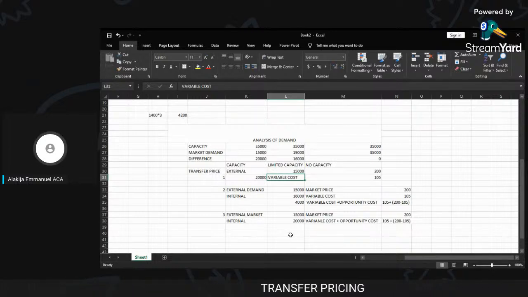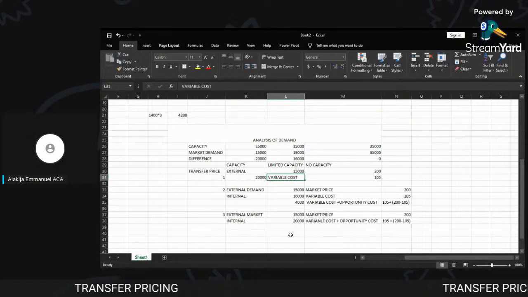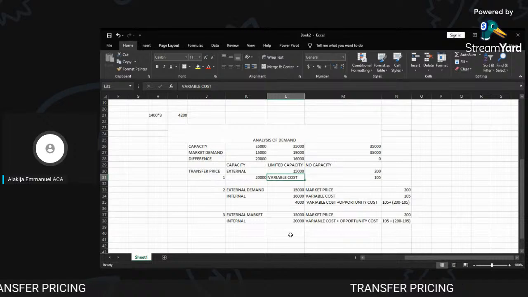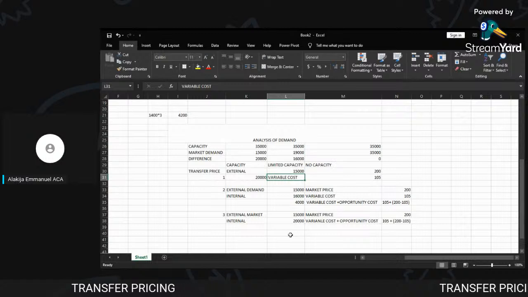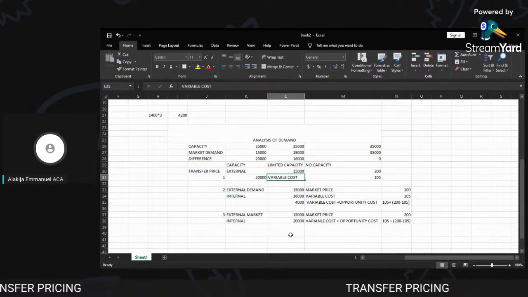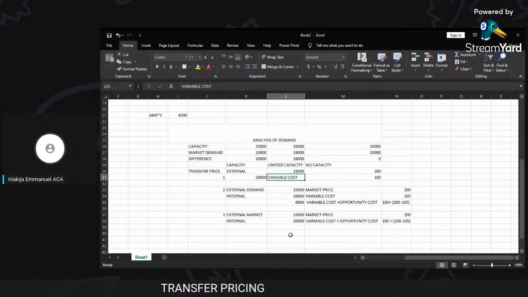And when we incur opportunity cost, we have to consider it because they said opportunity cost must be considered. So the transfer price of the 4,000 which we are going to deprive the market, because we will be able to give the market 15,000. Logically or normally we can give the internal division 16,000 at variable cost, but they need 20,000.